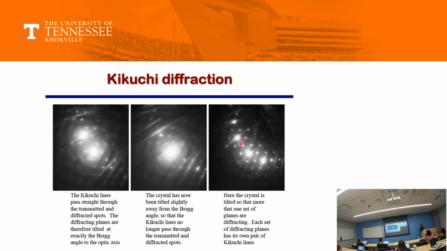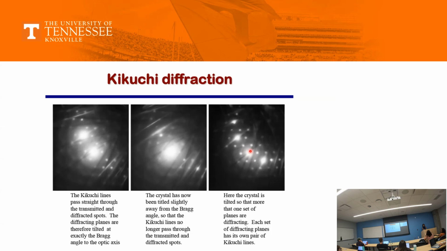So when you see the spots, you see clearly the weak, or you can say second order, conditions. And you see in the center there is a very bright beam. What is this one? It's the transmitted beam. Most of the light is falling in the transmitted beam.